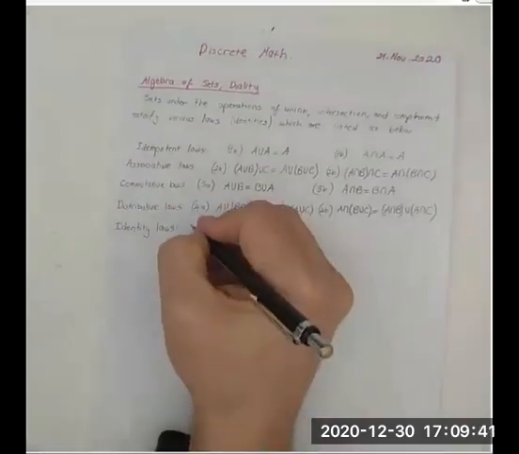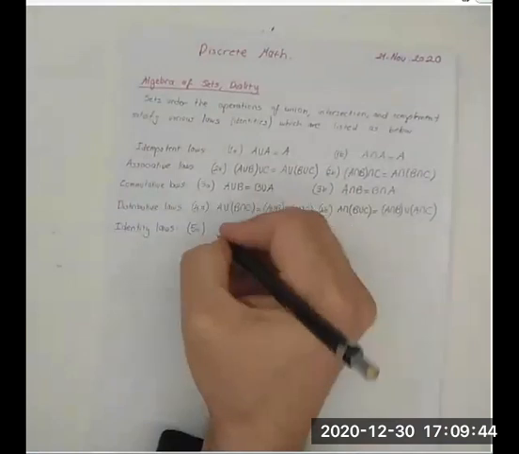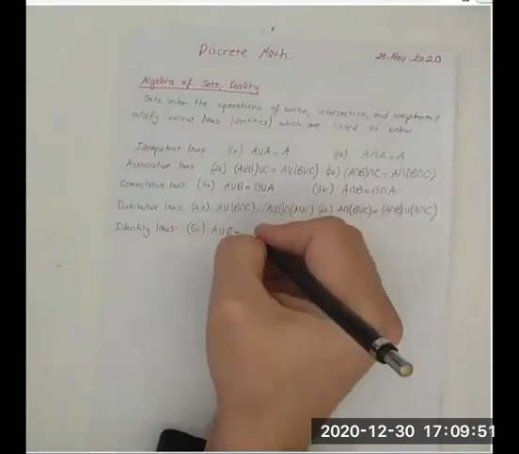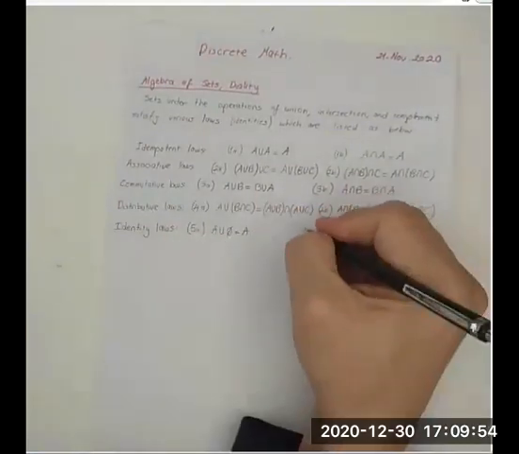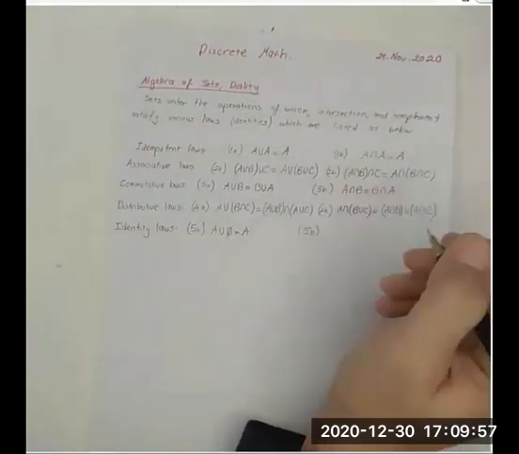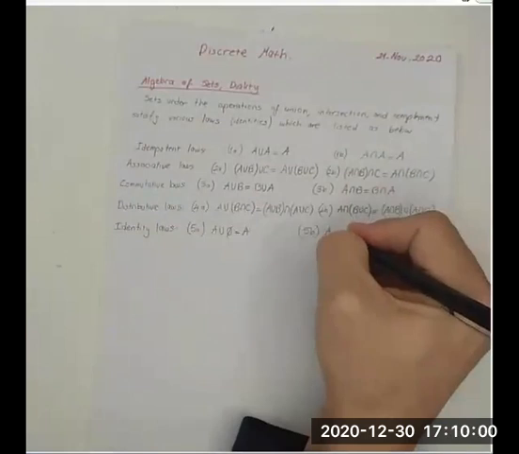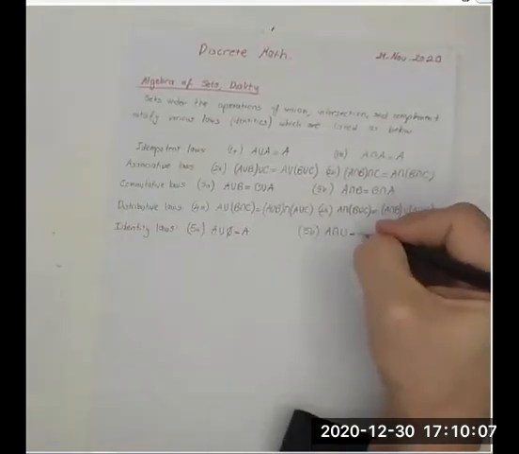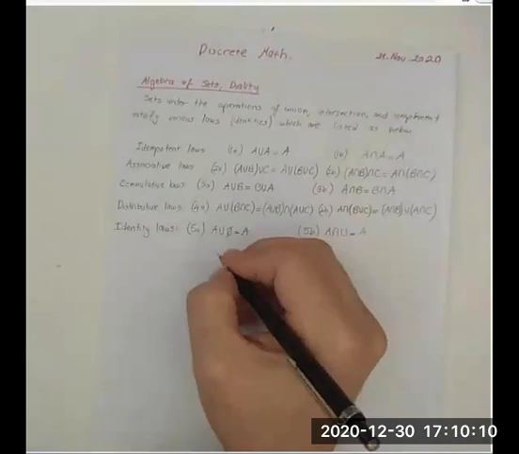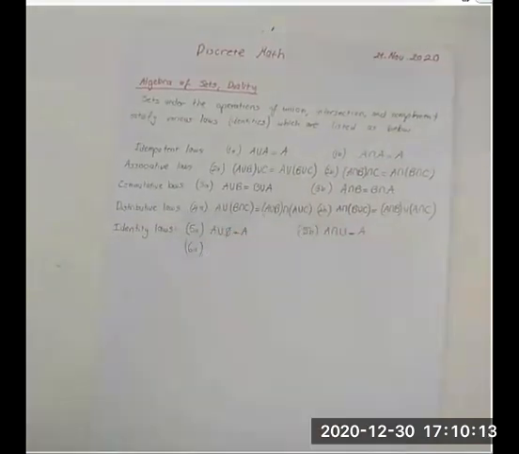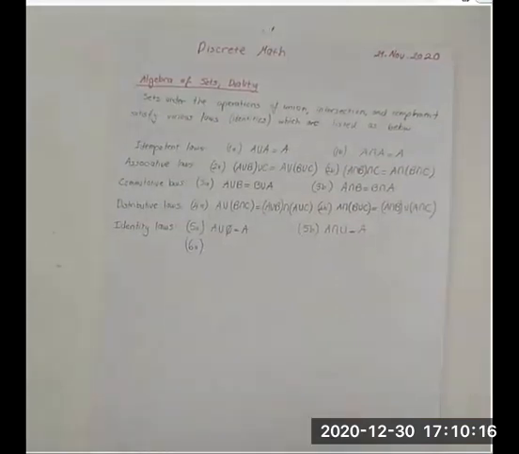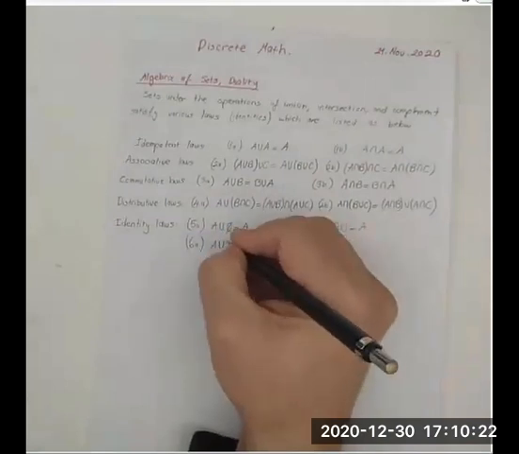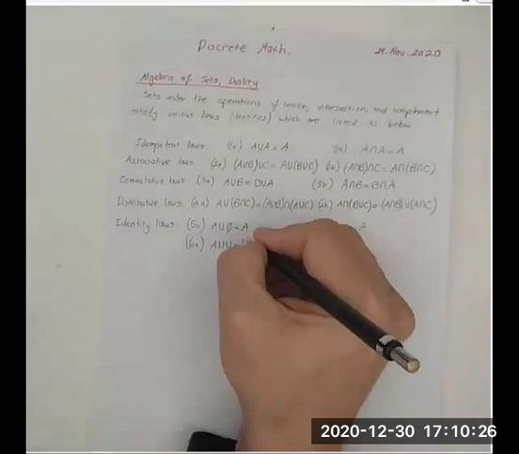As 5A, A union empty set is equal to A. The 5B, A intersect with the universal set is equal to A. And 6A, A union universal set is equal to universal set.